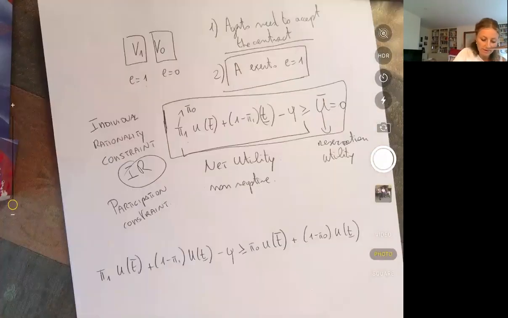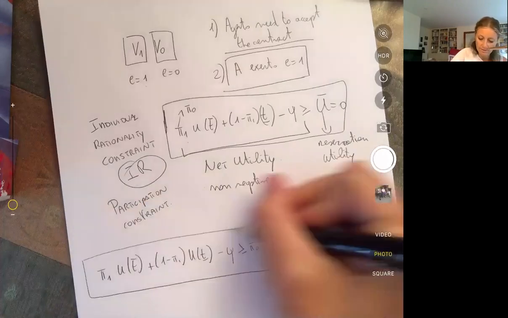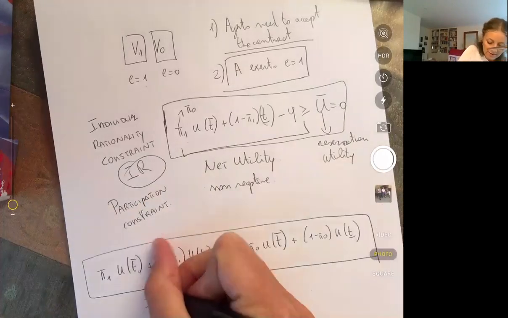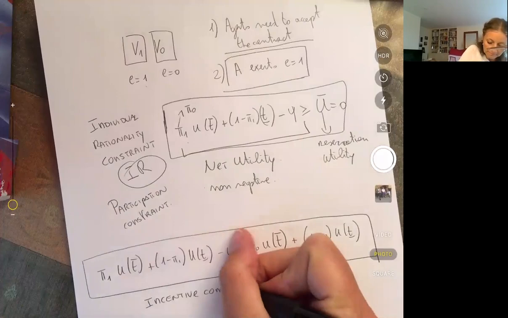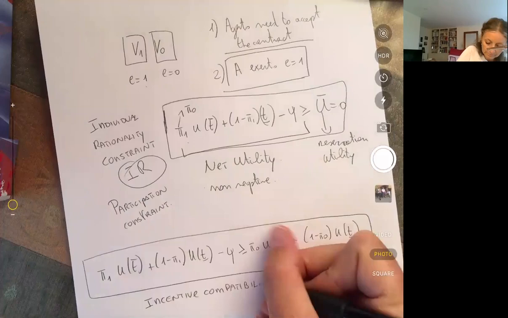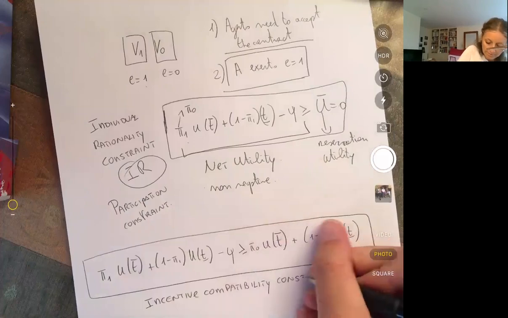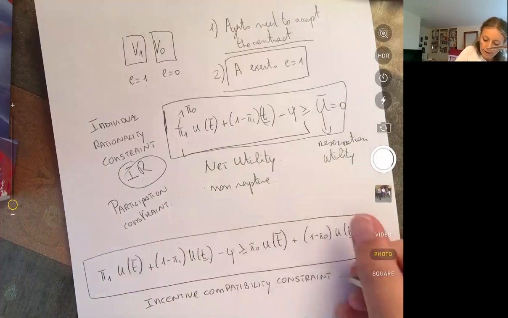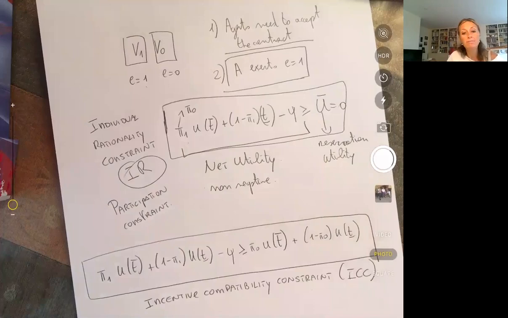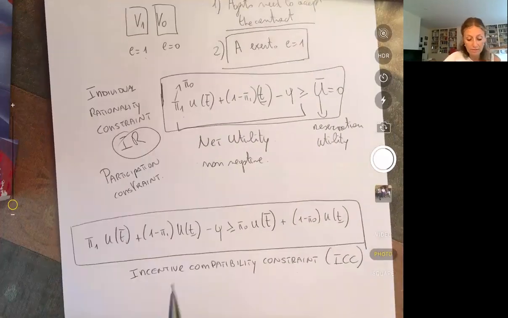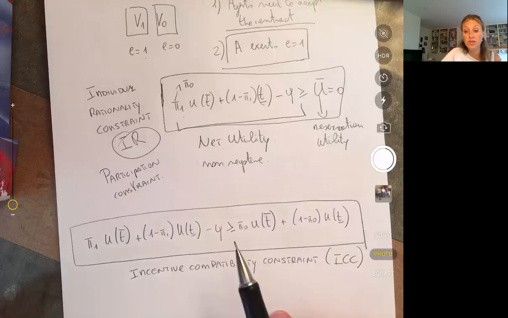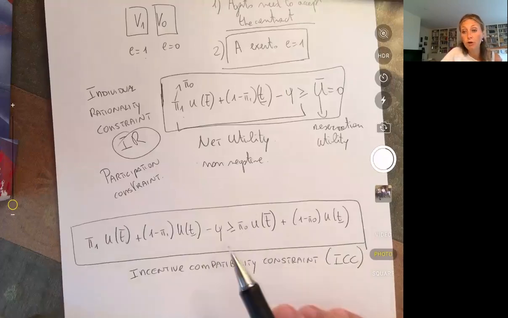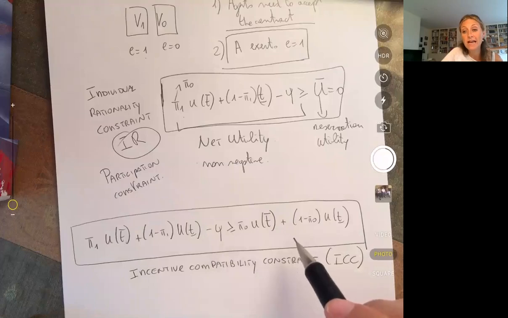This can be written here. We call this the incentive compatibility constraint, or ICC. And basically, this constraint, if satisfied, provides the principal with the knowledge that if I offer the right contract with the right incentive, the agent is going to exert the high level of effort.